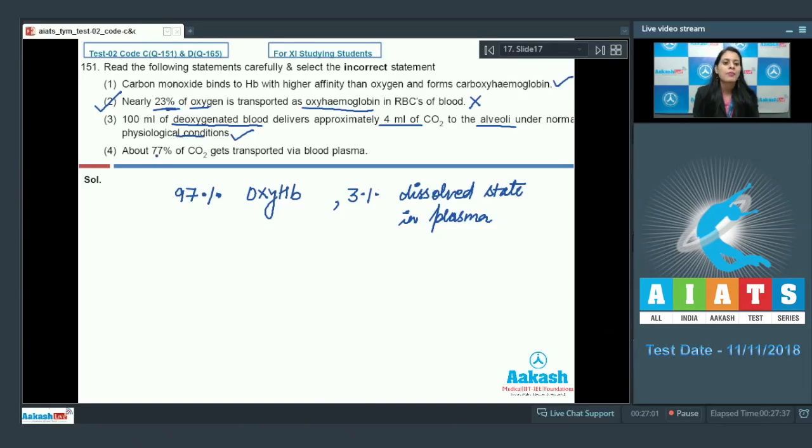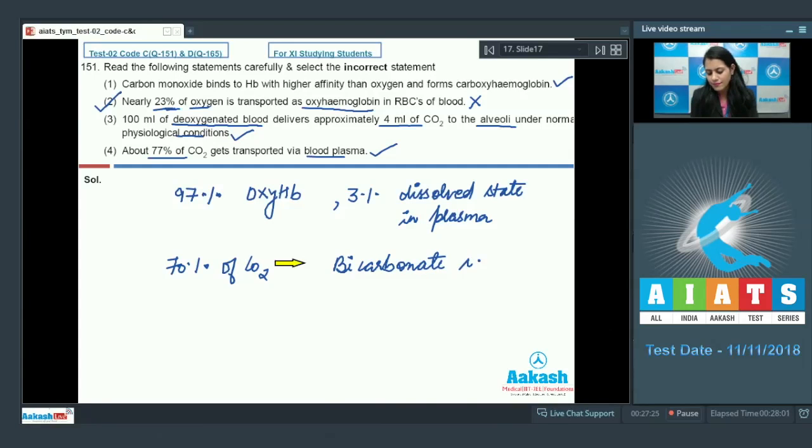Our last option given is about 70% of CO2 gets transported via blood plasma, and this is also a correct statement because out of the 70% of CO2, it is transported as bicarbonate ions, whereas 7% of CO2 is in dissolved state in plasma.